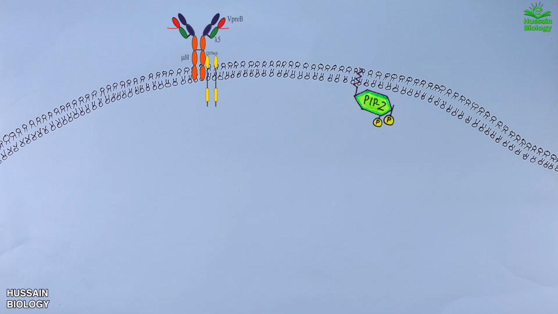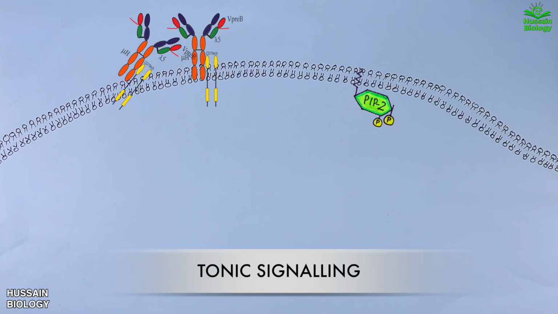Now let's look at how the signal is initiated. At this early stage, there is no external antigen driving receptor engagement. Instead, the pre-BCR complexes tend to spontaneously cluster on the surface of the cell, a process known as self-aggregation or tonic signaling via cross-linking, shown in the animation. As a result, a SRC family tyrosine kinase called LYN is recruited to the receptor complex.